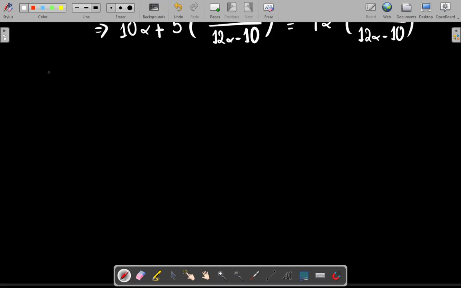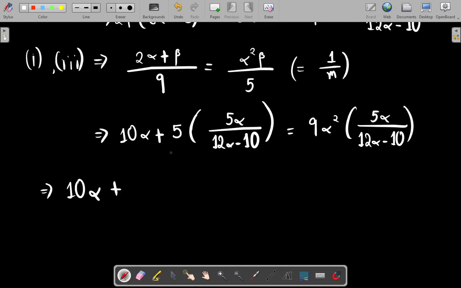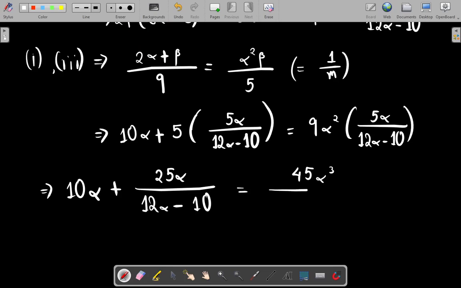Okay, so this now becomes 10 alpha plus, this becomes 25 alpha upon 12 alpha minus 10 is equal to, this becomes 45 alpha square times alpha becomes alpha cube. Okay, 45 alpha cube upon 12 alpha minus 10.